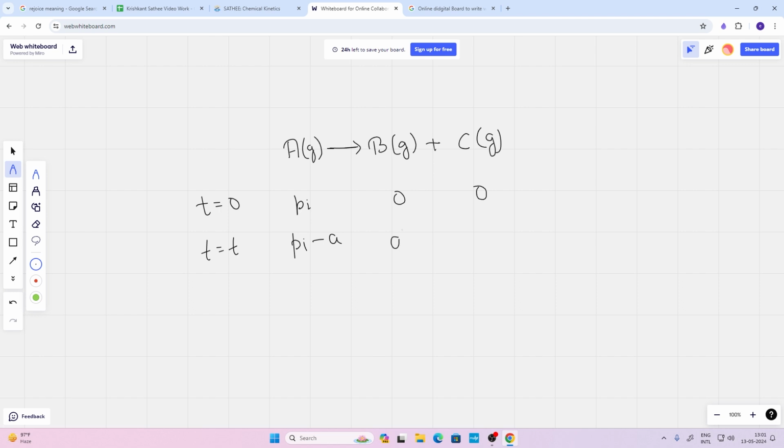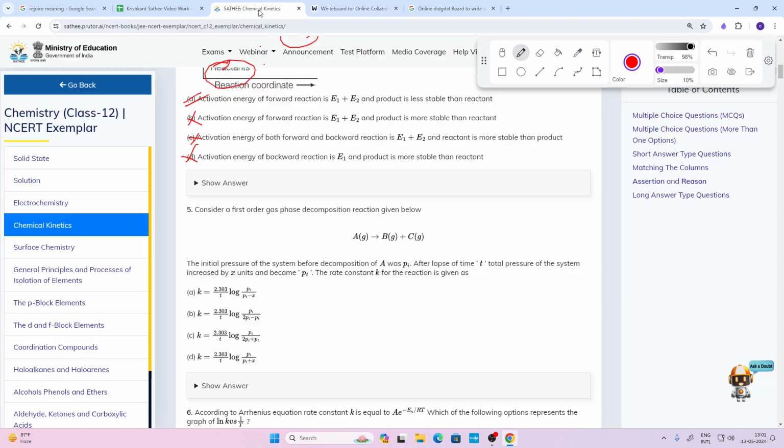This will make A of B and A of C. Or I would say after T time the pressure of A is decreased by A, that would result in the same amount of B and same amount of C because the stoichiometric are same. What will be the total pressure here? Total pressure will be Pi minus A plus A, that is Pi, and one more A, that is Pi plus A. This will be total pressure.